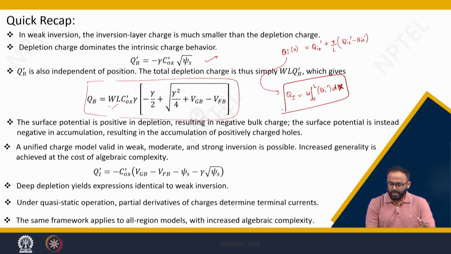When you solve this, you will ultimately get the inversion charge in weak inversion.